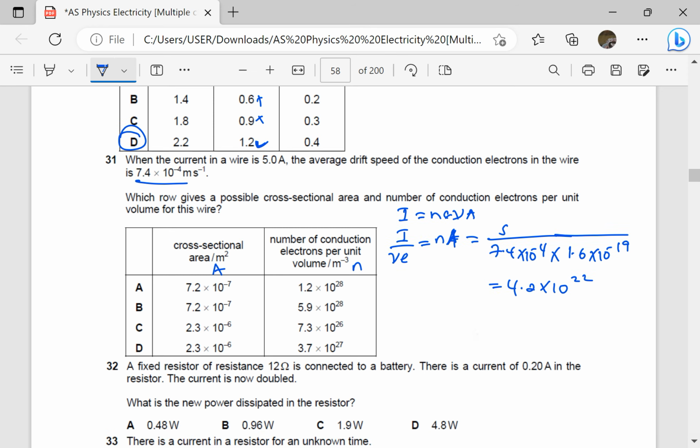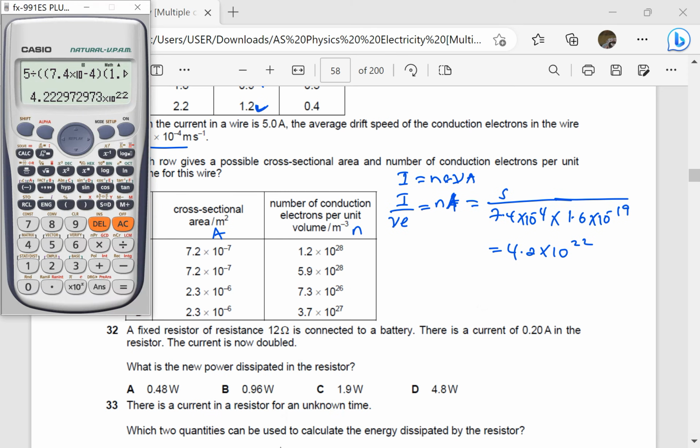I can even just check the numbers in the front. 7.2 times 1.2. That is not it. 7.2 times 5.9. That is not going to be it. We have 2.3 times 7.3. That is not true. 2.3 times 3.7.